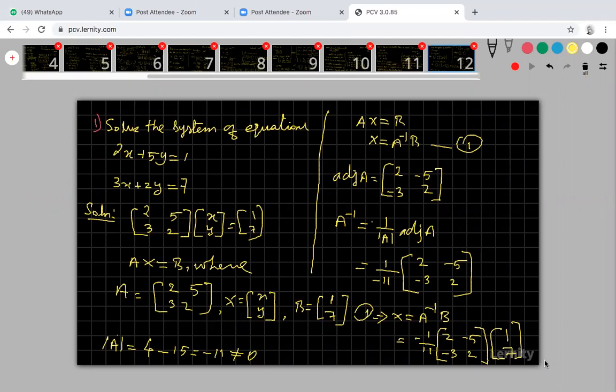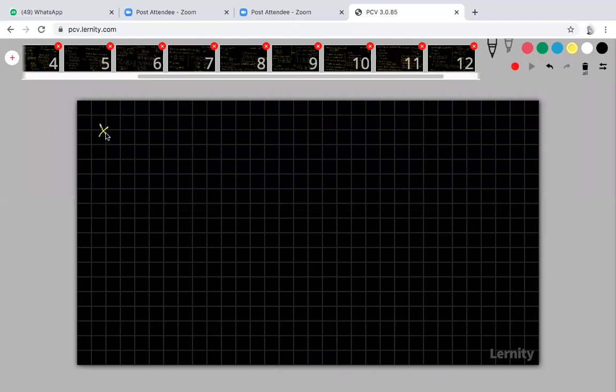Multiply these two. So take this, your x is equal to minus 1 by 11 of, what is the multiplication of A and B?